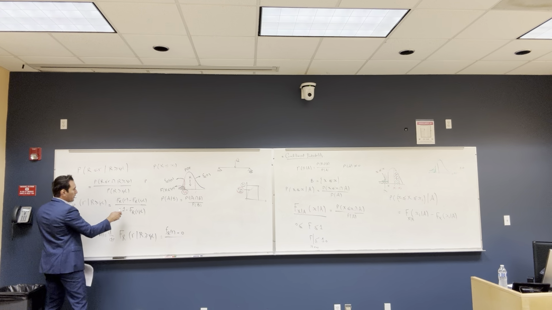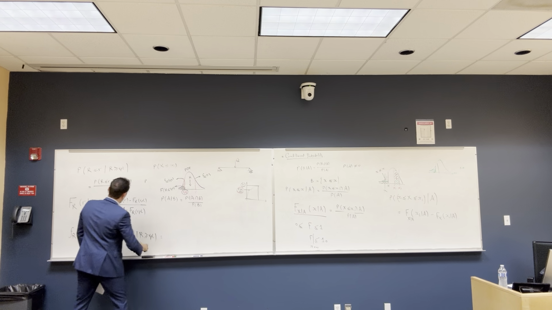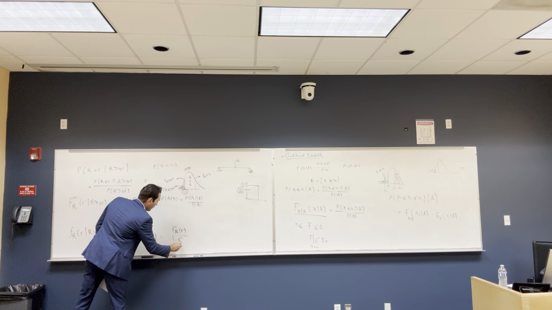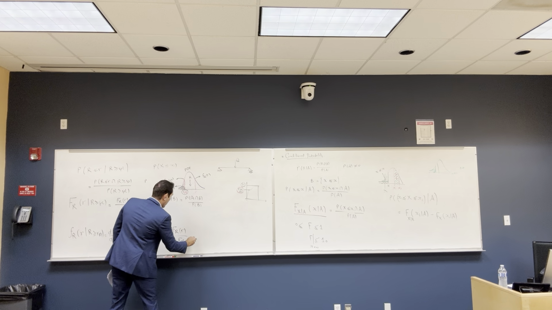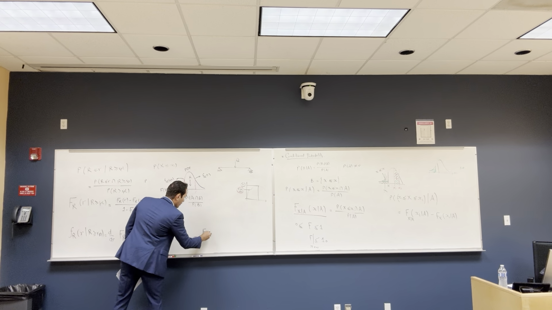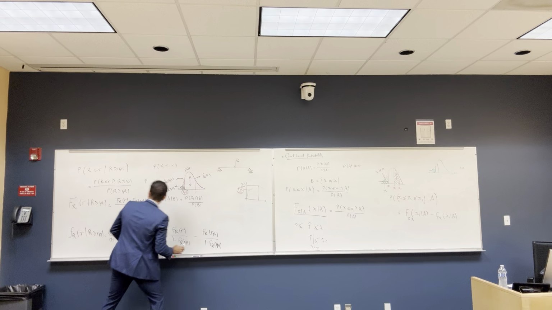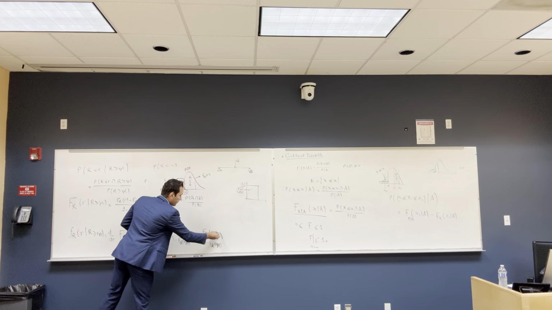If you try to expand it, it's gonna be FR of R over 1 minus FR of RBL, and minus FR of RBL over 1 minus FR of RBL. So what I did, I separated this into two parts. This part is all constants.